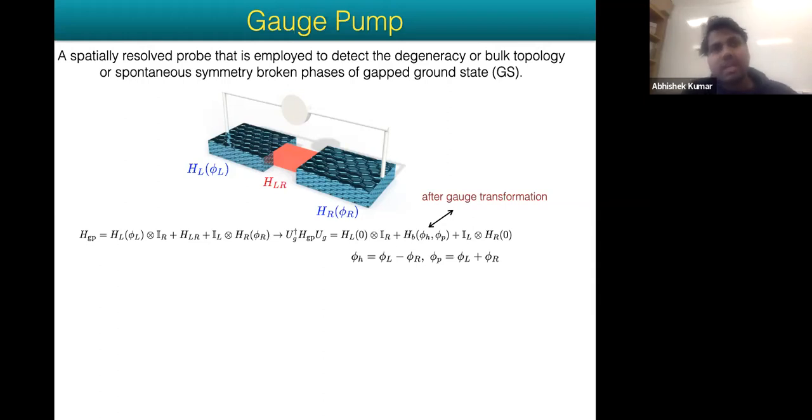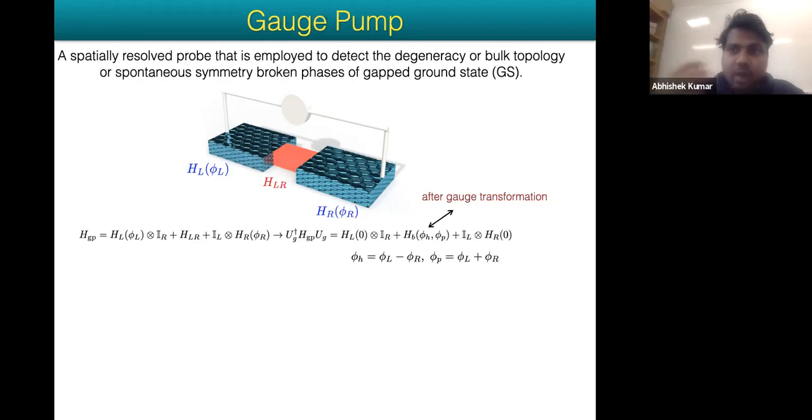A gauge pump is a spatially resolved probe that is employed to detect the degeneracy, bulk topology, or spontaneous symmetry broken phases of gapped ground states. To construct the gauge pump, we take two gauge-equivalent systems and connect them with a bridge.